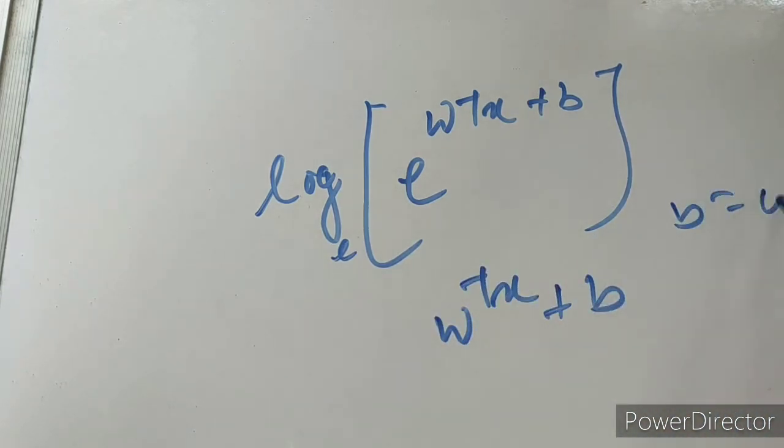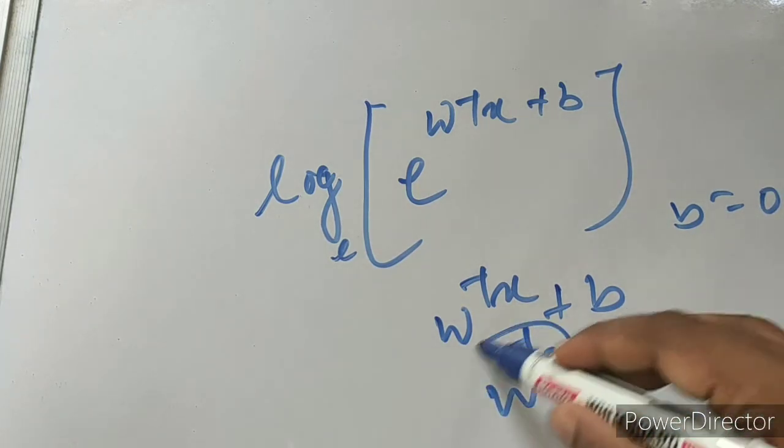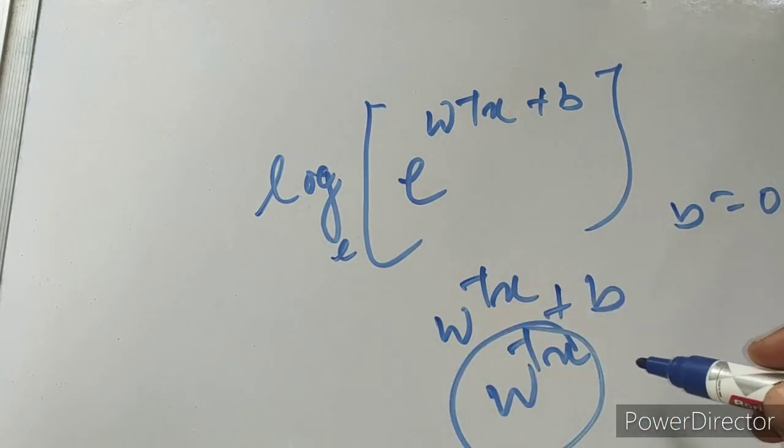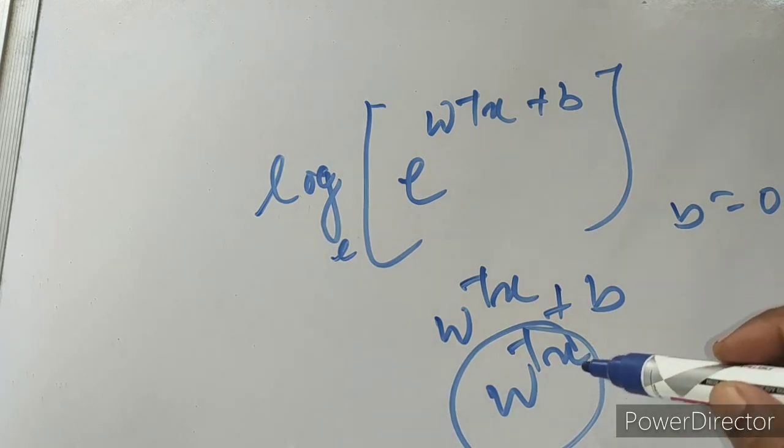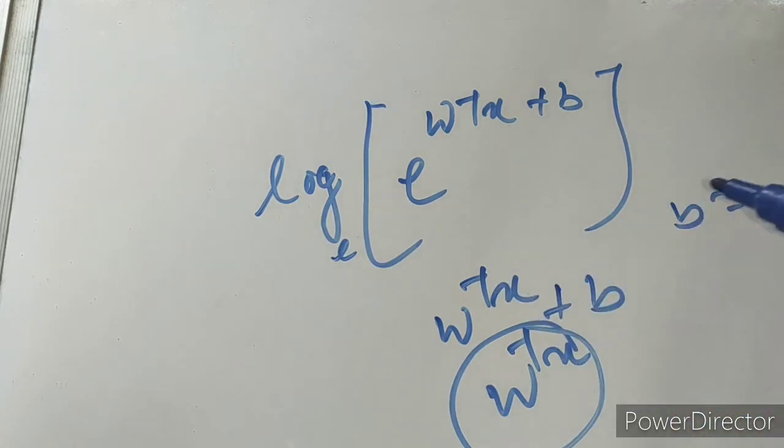As we are considering b equal to 0, it will be W transpose X. So ultimately we are finding W transpose X. If this log loss function is used for identifying this W transpose X, that's why we are calling this algorithm logistic regression.